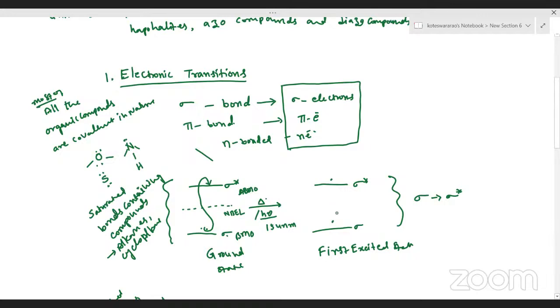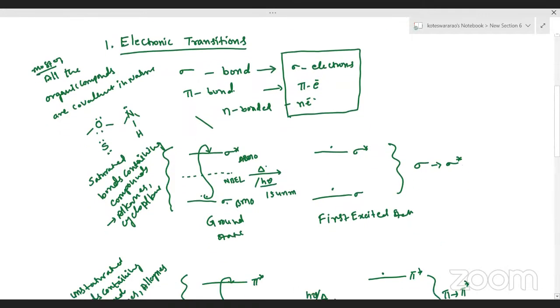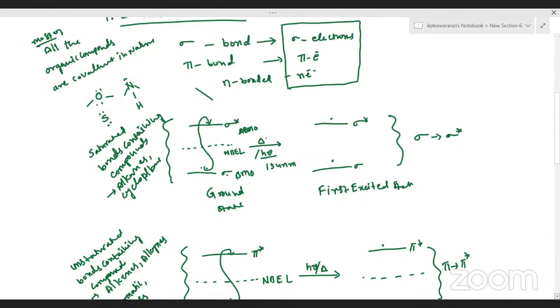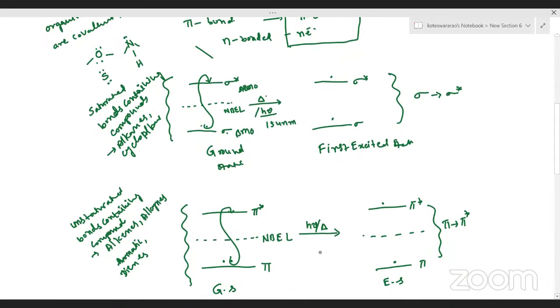Next, when you come to the pi to pi star, it requires approximately 180 nanometers.